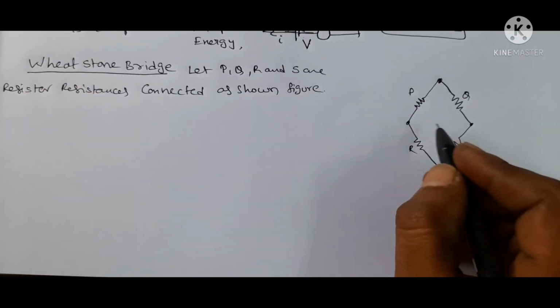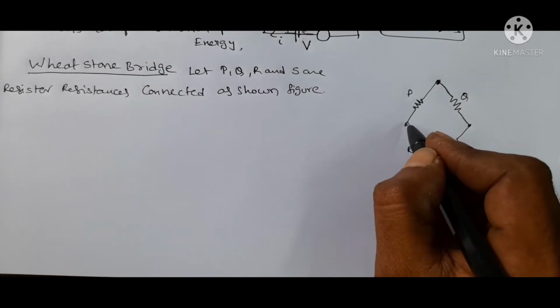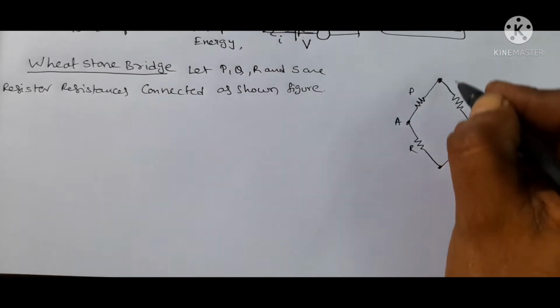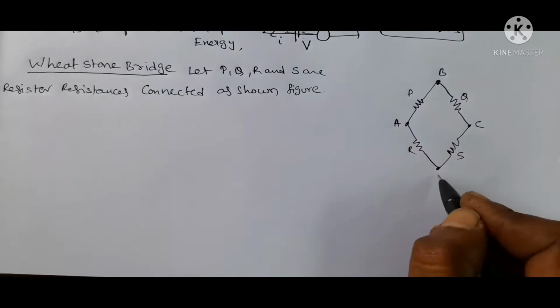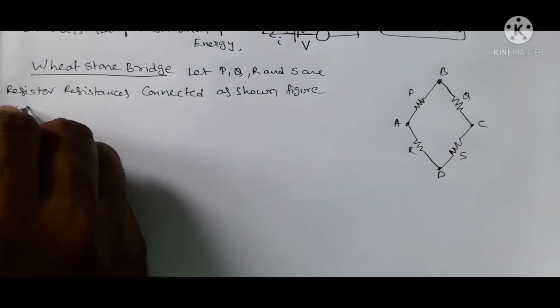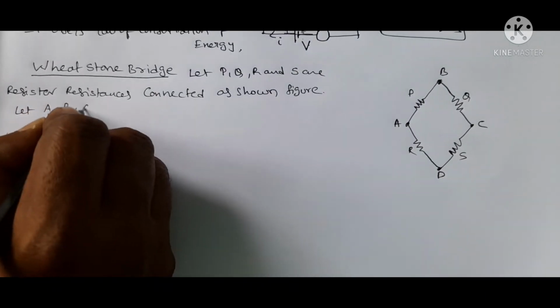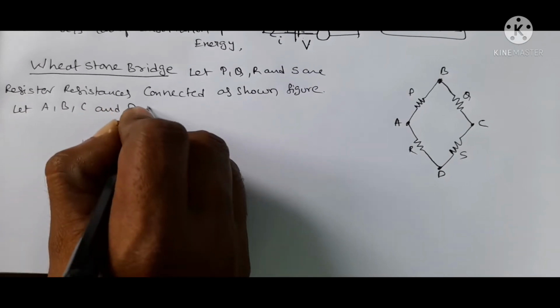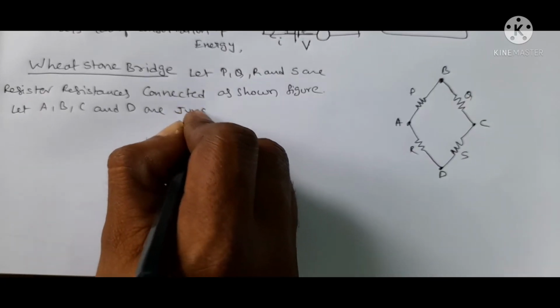For this explanation, the terminals are named as, how many junctions are there? Let us say A, B, C, D. Let A, B, C and D be junctions.